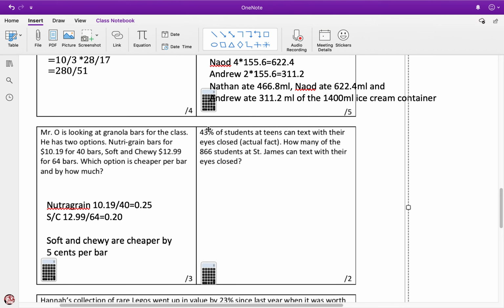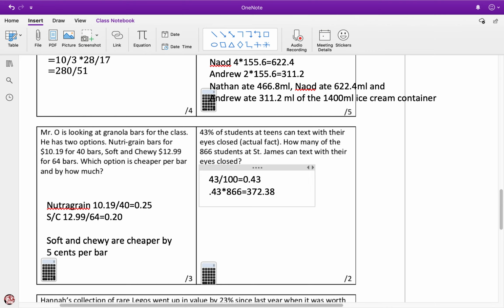This is actually a fact that 43% of teens can text with their eyes closed. So I want to change 43% into a number. I'm going to go 43 divided by 100. That equals 0.43. Then we go times that, 0.43 times, how many kids are in school? 866.